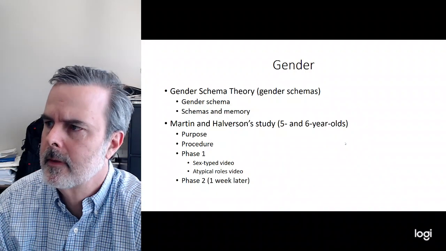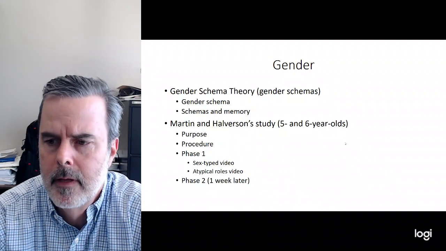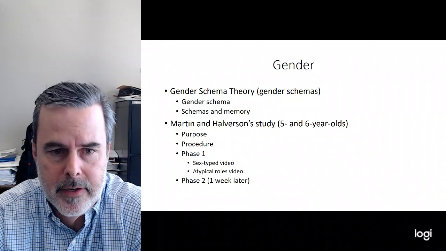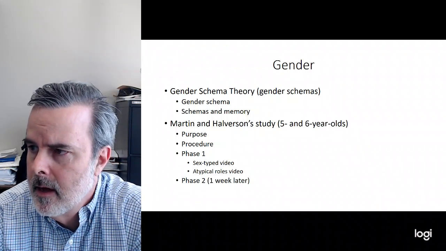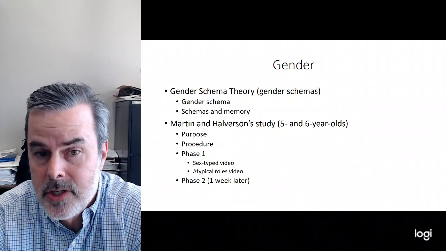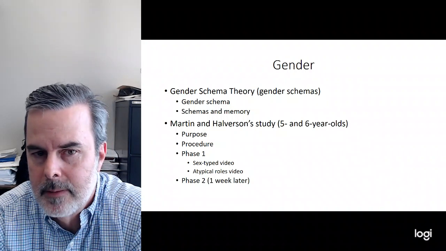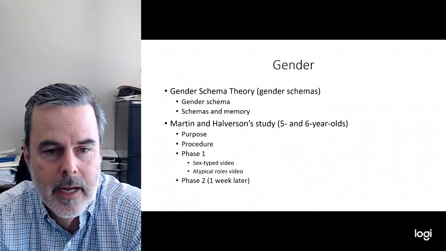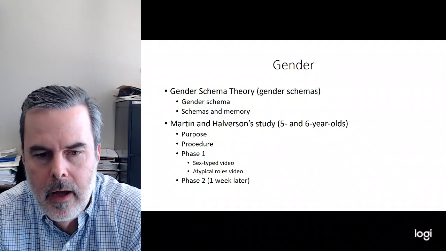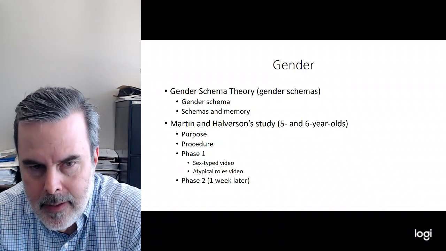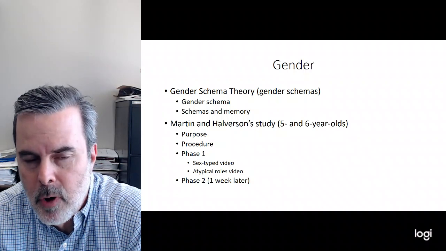Finally, the third theory I'd like to discuss is gender schema theory, a theory that naturally focuses on its namesake, gender schemas. Gender schemas, as I mentioned before, are simply beliefs and expectations about the roles of men and women, boys and girls, males and females more generally, that are deemed appropriate by society.